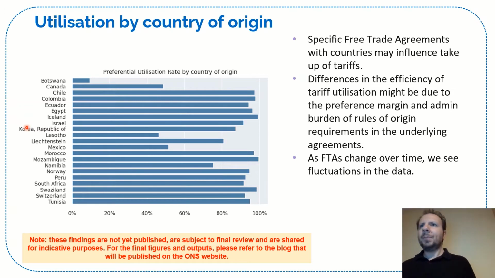It could be specific free trade agreements that influence this result, or it could be the preference margin or the administrative burden of rules of origin in these specific countries that cause this low utilization of preferential tariffs. So in terms of policy, it may be worth revisiting some of these agreements and changing them so that there is a higher utilization in these specific countries.